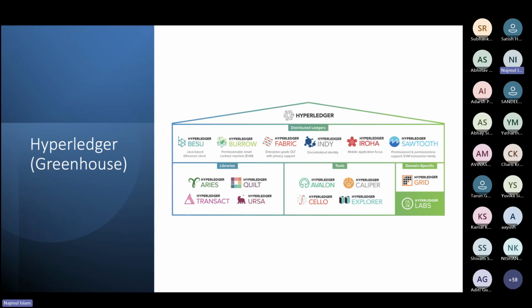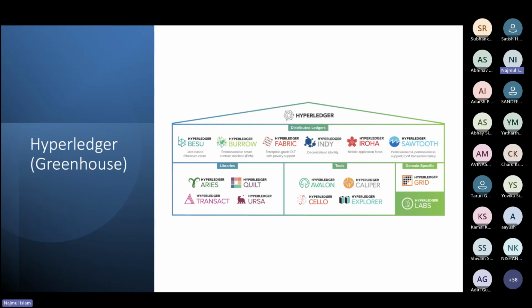And then under these different types of tools, you can see this Hyperledger Explorer, for instance. So Hyperledger Explorer helps you to find all the transactions or explore all the transactions in that blockchain.